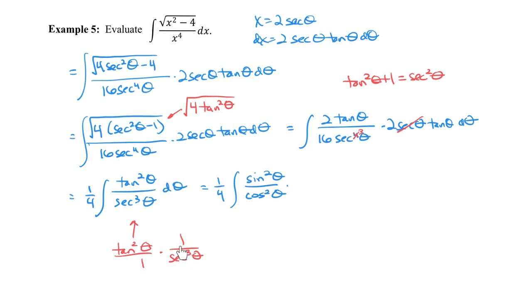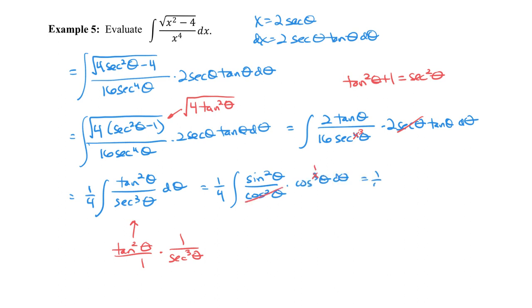And 1 over secant cubed, well, the reciprocal of secant is cosine, so that's the same as times cosine cubed theta d theta. Then cosine squared will cancel, leaving just cosine to the first power.